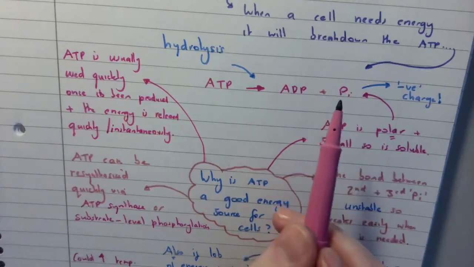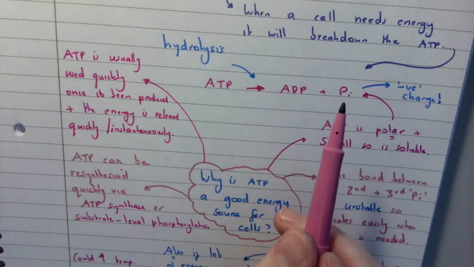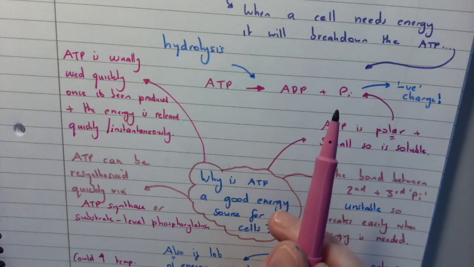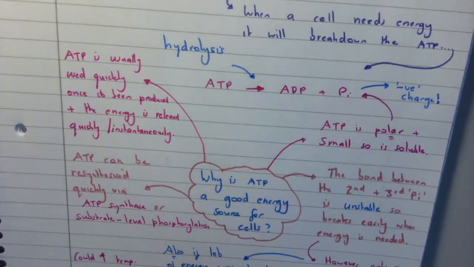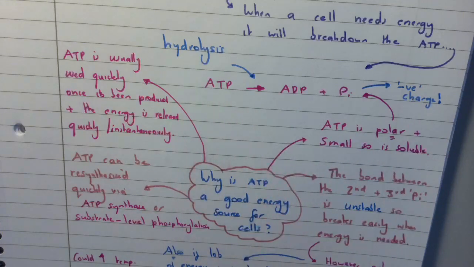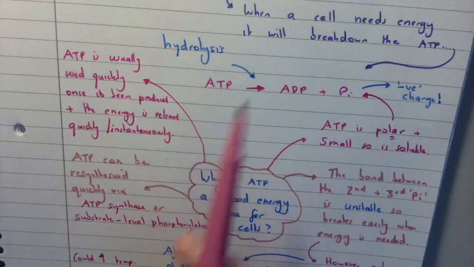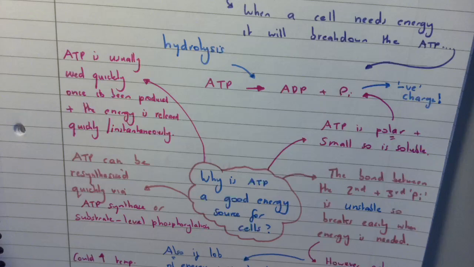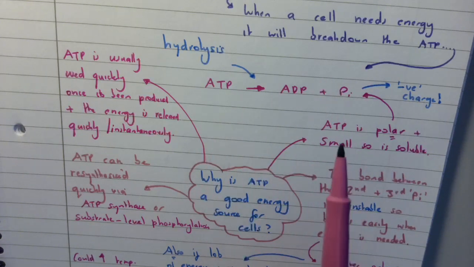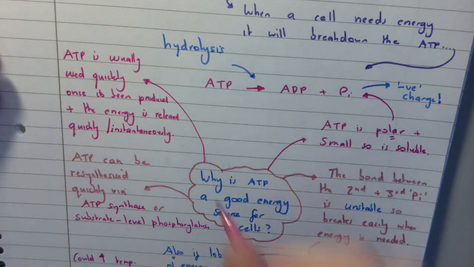So you can use the phosphate group to phosphorylate other molecules in the body, for example enzymes or nucleotides, and that often activates them, so they're ready for use. So it's an extra thing that ATP is really good for: not only can energy be released really quickly so it's readily available for the cell, but also this phosphate group can then phosphorylate other molecules and activate them so they're ready to do their thing, whatever it is.